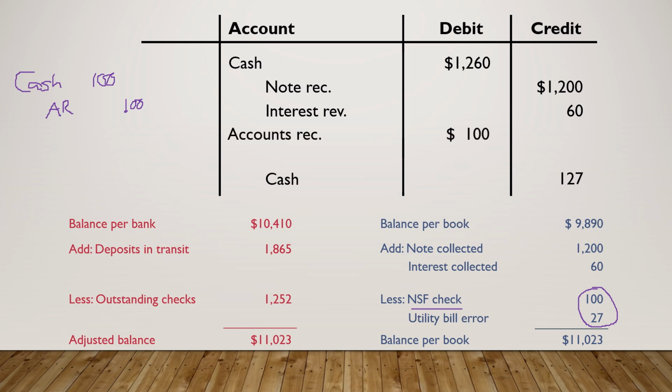J. Smith still owes Boatwright that $100. Pertaining to the utility bill, the initial entry was likely a debit to utility expense and a credit to cash. Since that expense and cash disbursement was too low by $27, utility expense will get that debit.